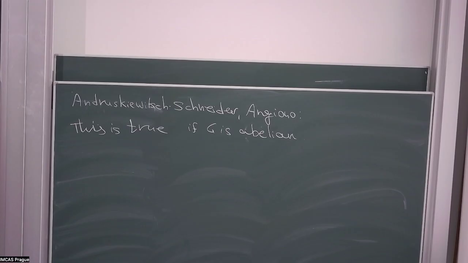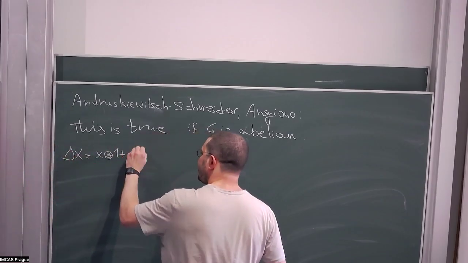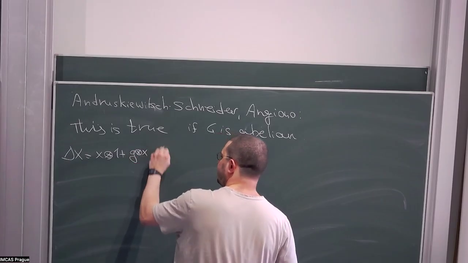Skew primitives mean satisfying this kind of equation, something like Δx equals x⊗1 plus g⊗x. That's the skew primitive.